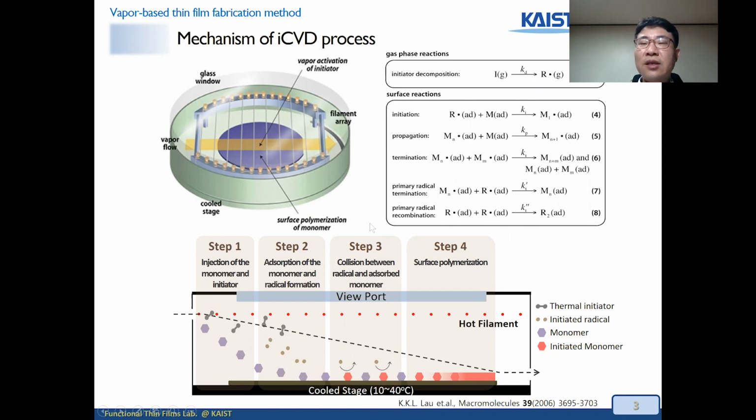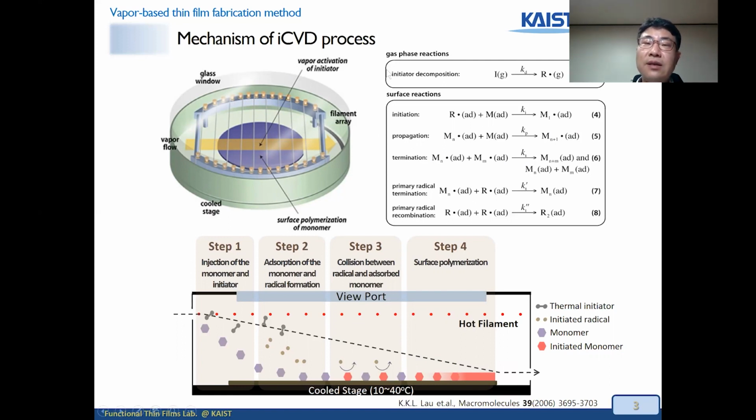This is the reaction scheme, where the initiator decomposes to form radicals, and these radicals are transferred to the monomer to form monomer radicals, and the recombination of these radicals increases the molecular weight, which forms the polymer films.